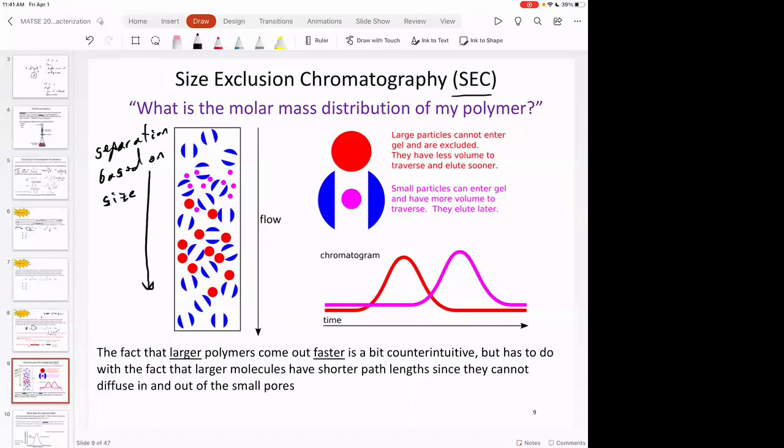So when are polymers big in solution? What are two things that go into a nice expanded coil that's big? High molecular weight, and what's the other one? Good solvent, right? So high molecular weight polymers and good solvents, you get nice expanded coils.